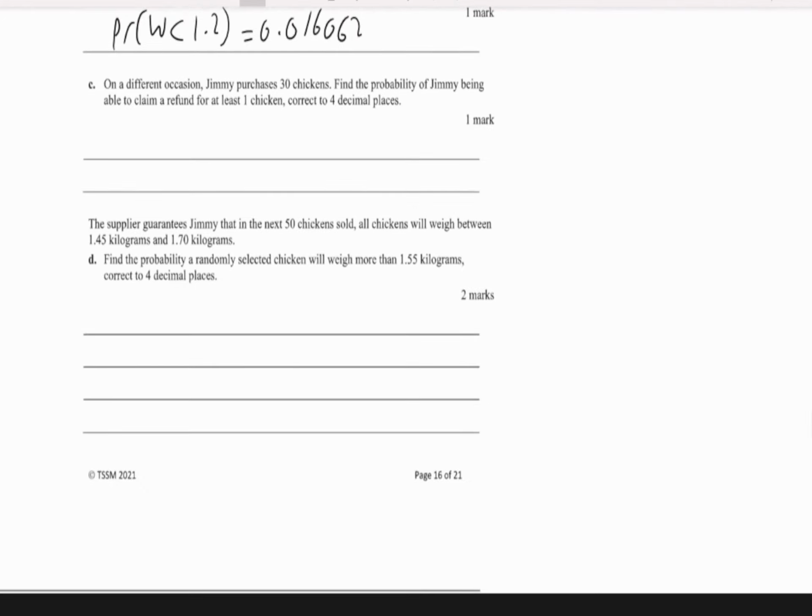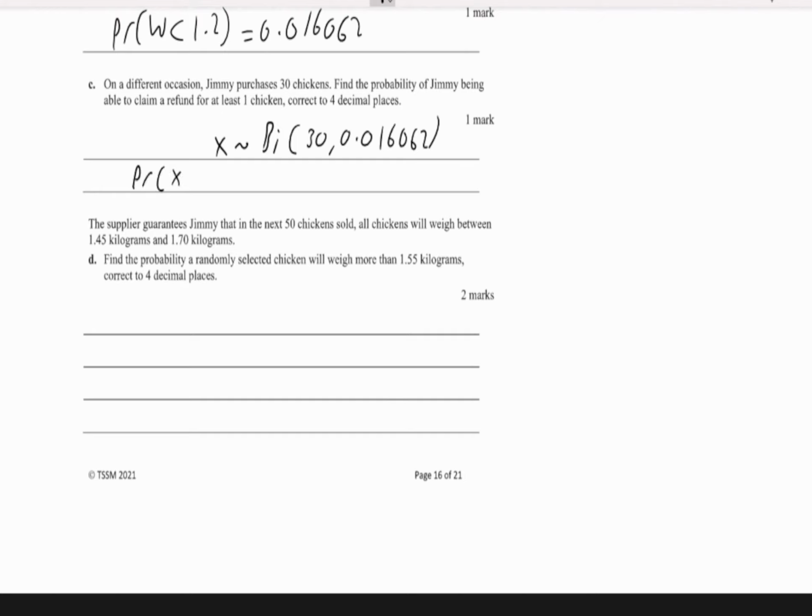Part C, this is binomial, so x by 30. Oh, that's a bit messy. 0.016062. Yep.